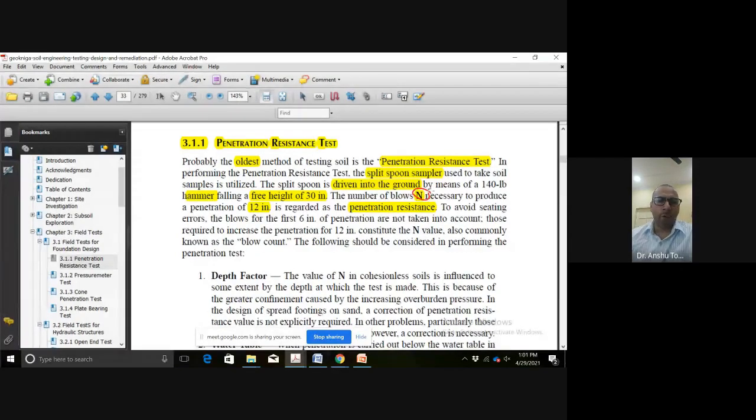This N number of blows is fixed, which will take the split spoon sampler to 1 foot depth. Now this N number of blows is also important for tabulating the data, for keeping the record.